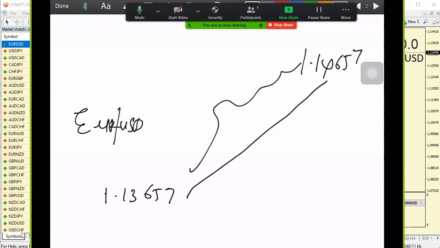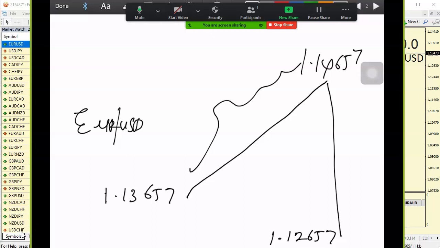And then when that exchange rate drops from 1.14657 to 1.12657, that simply means that the dollar is becoming stronger than the euro, and you see your chart going down.